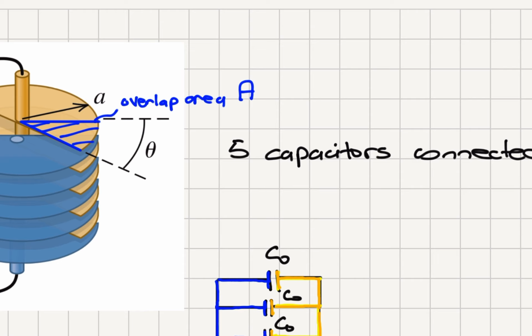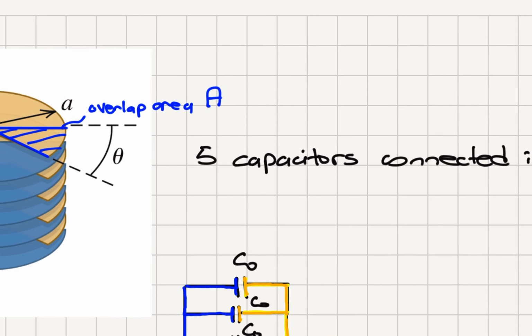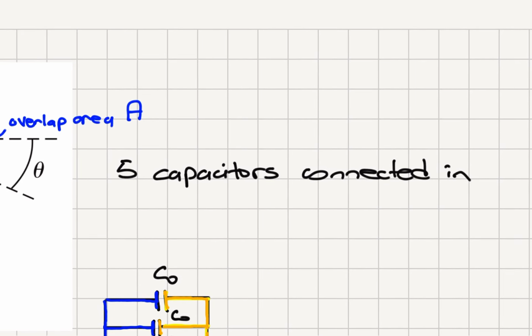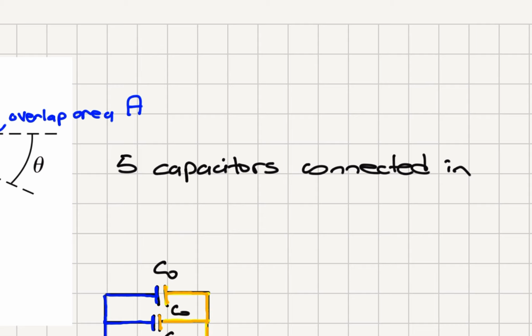So how much is that overlap area? Well, the area of the full disk is pi a squared, where a is the radius. So the overlap area will be pi a squared, but we are only considering an overlap angle theta here. So theta divided by 2 pi.